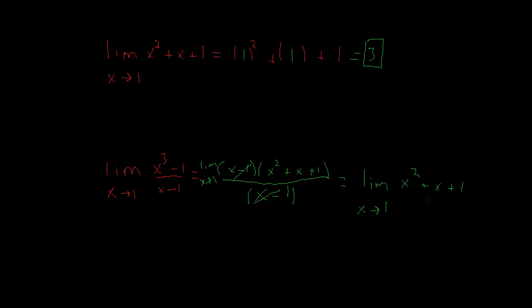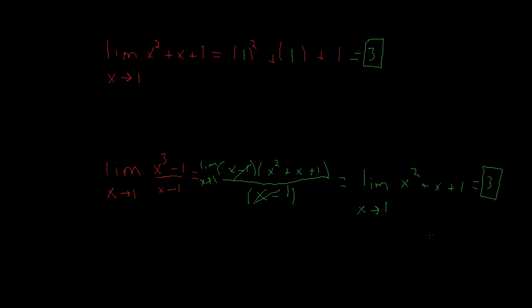Well, we've already done this up here using direct substitution. No sense in rewriting our work. We can just look up here and see that this limit equals 3 as well.